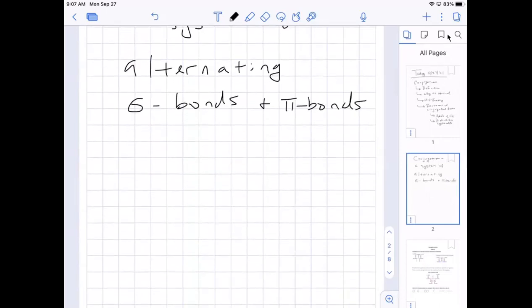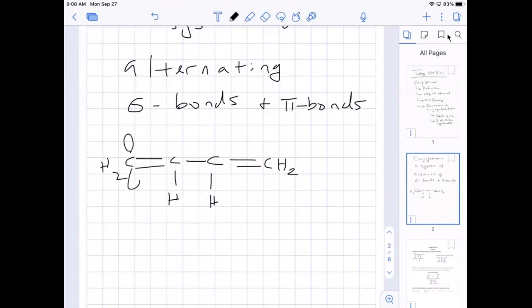Right, so as a simple example of a conjugated system, we always look at 1,3-butadiene. And the reason why this is even possible is because there's a p orbital on each one of these carbons, right?